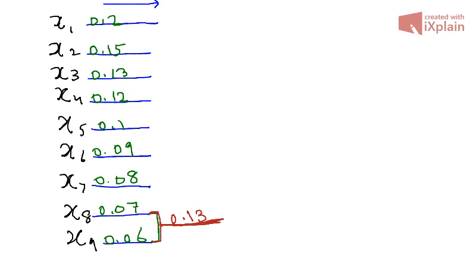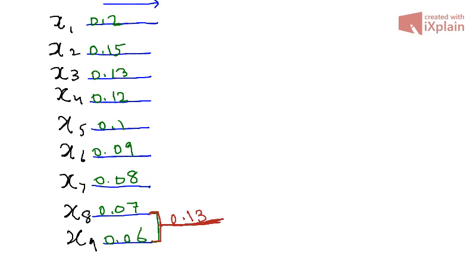Now you can see that again we have to choose the least probable alphabets, and we have to merge those two by generating a new branch with the probability equal to the sum of the two branches.